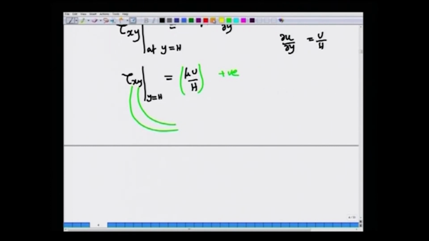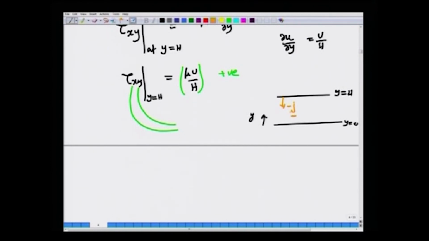Okay. Let us draw the system. You have the top plate at y equals h. This is y equals 0. This is y. The unit outward normal to the top plate points in the minus j direction.